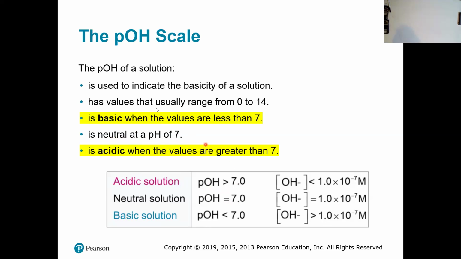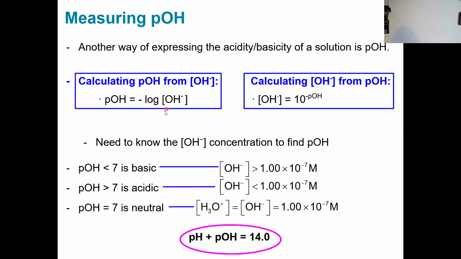And that should make sense to you because look at what's here. There's not a hydrogen after the P, there's a hydroxide. So when you're finding the pOH, you're taking the negative log of your hydroxide ion concentration, not your hydrogen ion concentration. The formulas look dead similar though.